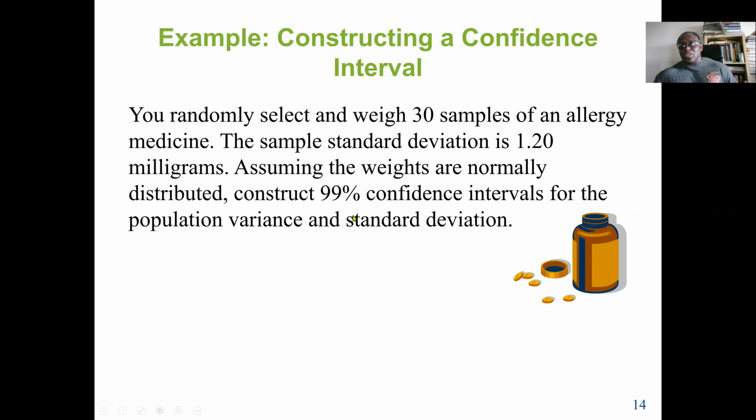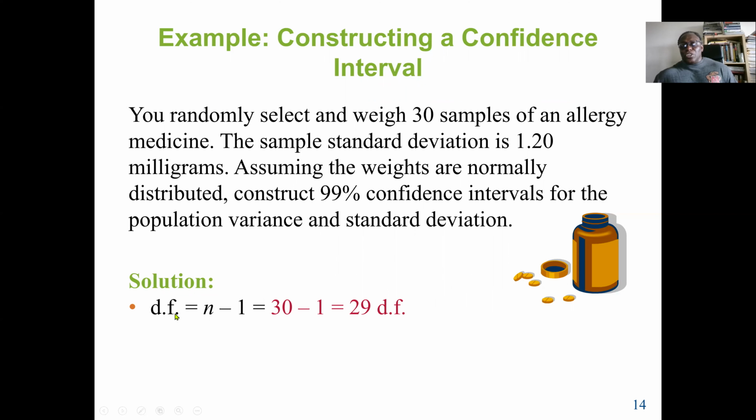Then the question is saying, construct a 99% confidence interval for the population variance and also the standard deviation. So we're going to concentrate on population variance. The answer we get, we find a square root to get a standard deviation confidence interval. So the first condition in the steps is we should see if our data is normally distributed. Yes, based on this question, they say the weights are normally distributed. So we meet that condition already.